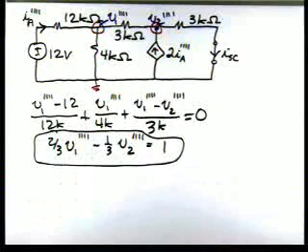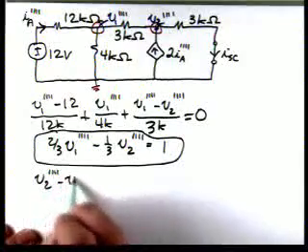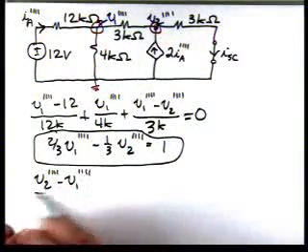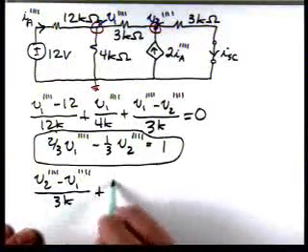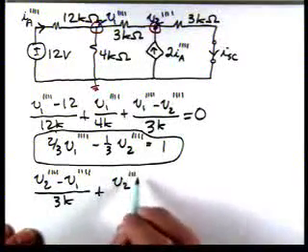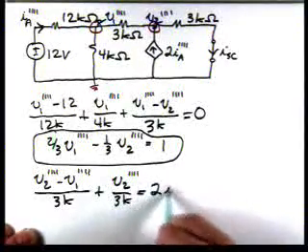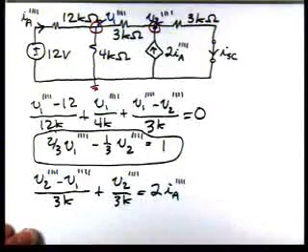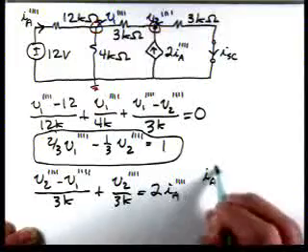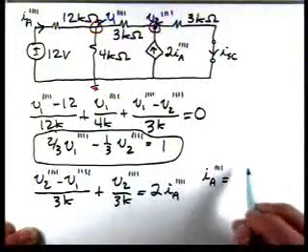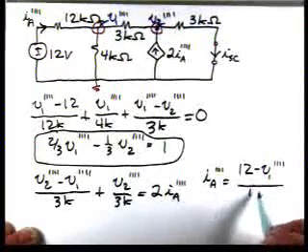At the right node, we'll get V2 minus V1 over 3K. Then we'll have V2 over 3K is equal to 2IA quadruple prime. And again, we note from the circuit that IA quadruple prime is 12 minus V1 quadruple prime over 12K.